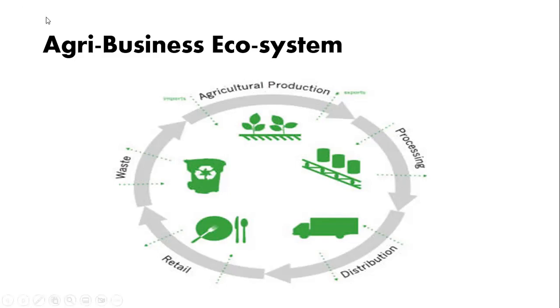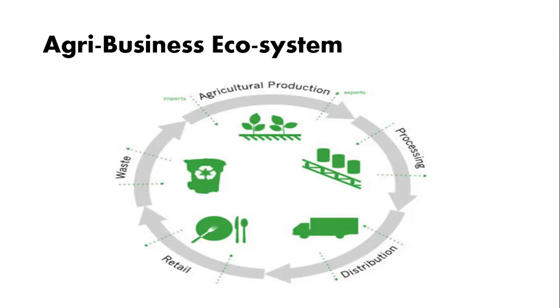So this is how we define the ecosystem. These are the members of the ecosystem: agricultural producers, processing agents, distributors, retailers, and waste managers, and all together are considered an agribusiness ecosystem.